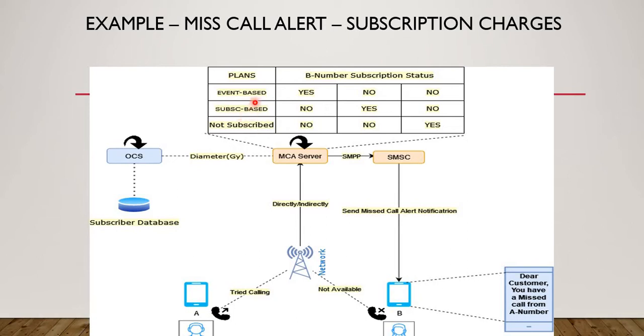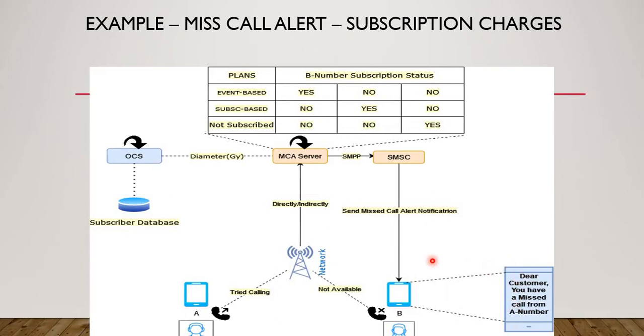Before moving to the scenarios, I will tell you what is event-based charging. Let's say in an example where missed call alert service is pay as you go, based on the number of missed call alert SMSs, every SMS will be charged to you. For example, this SMS came to the user when A is trying to call. So the user will be charged, let's say, 1 rupee for this particular SMS.